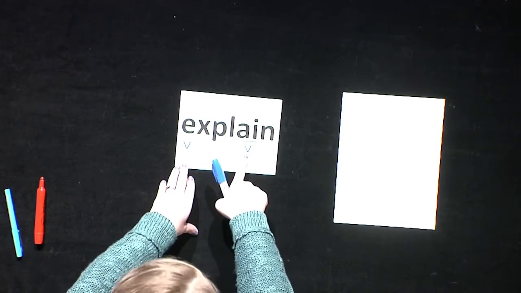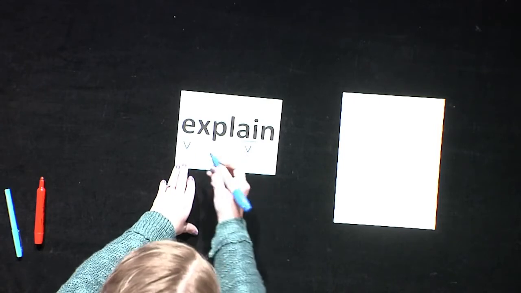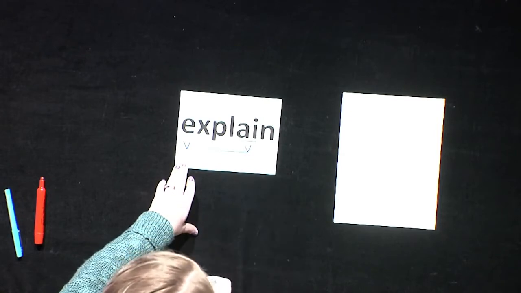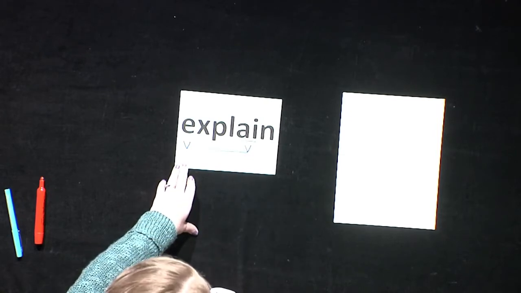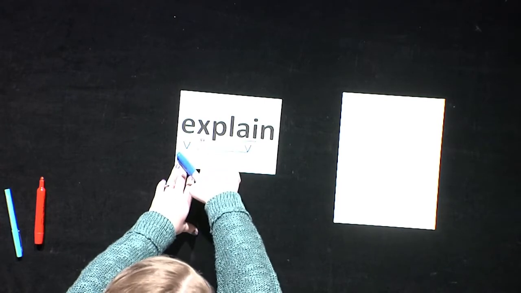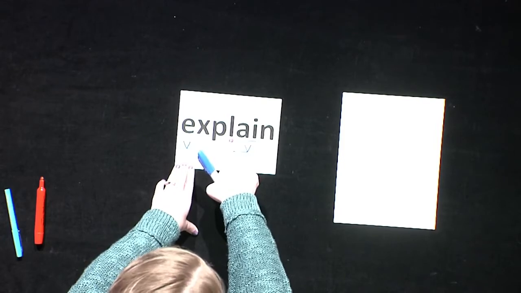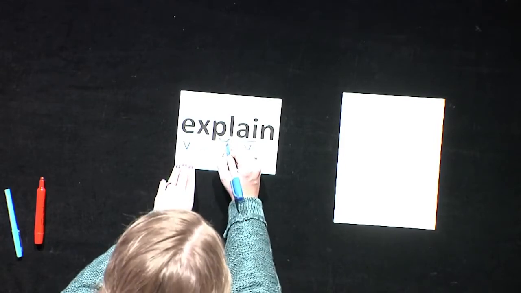Step two, draw a bridge to connect my vowels. Step three, label the consonants on the bridge. I see consonants X, P, and L. But I know that PL is a blend, and I want to keep that together when I'm labeling my consonants.